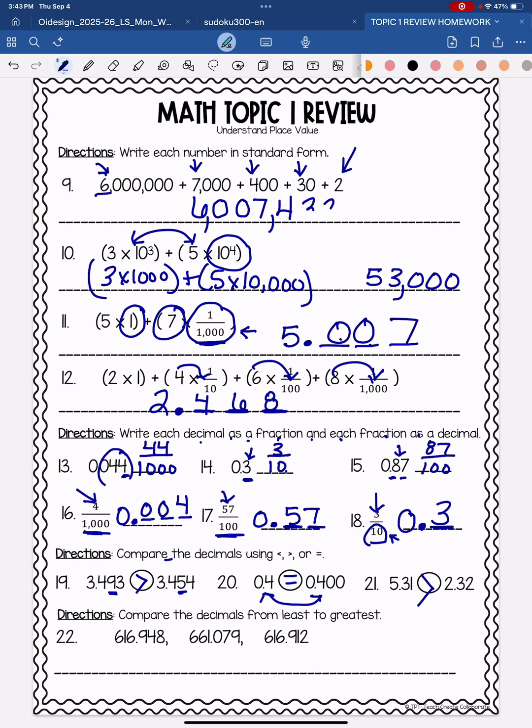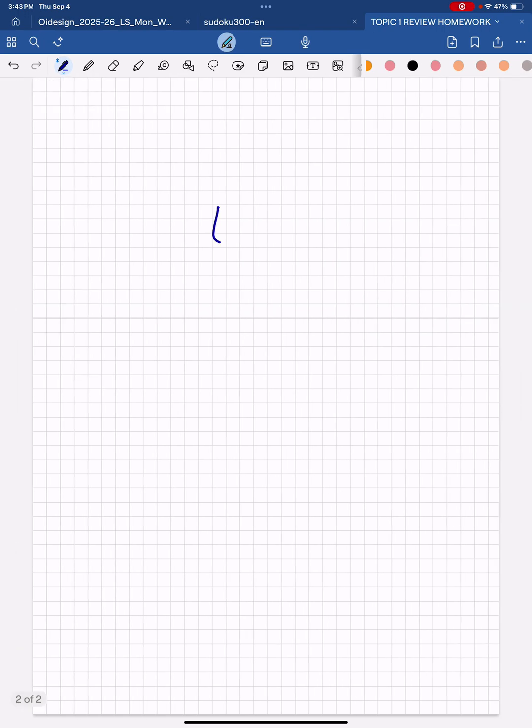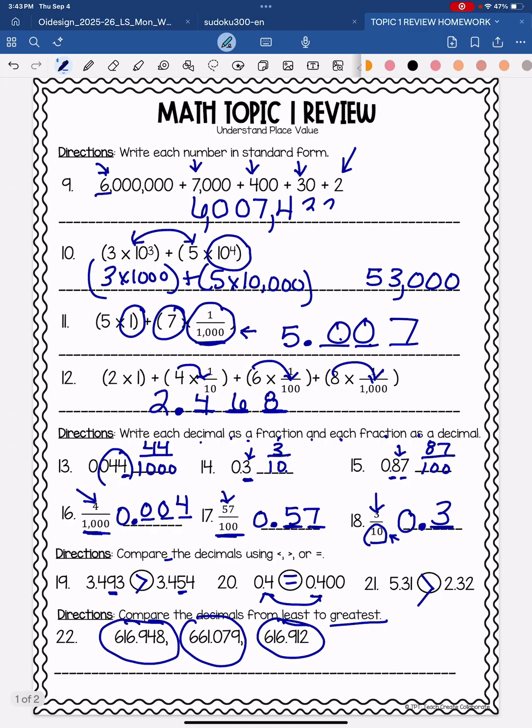All right, last one. We have to compare the decimals, compare from least to greatest. So we have to find the one that is the least first. So let's write them and stack the decimals. These are 3 different numbers. Okay, there they are. So 616.48, and make sure you line those decimals up to make sure the place values are stacked.